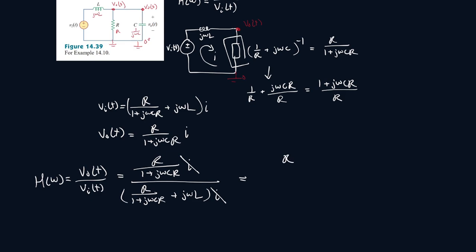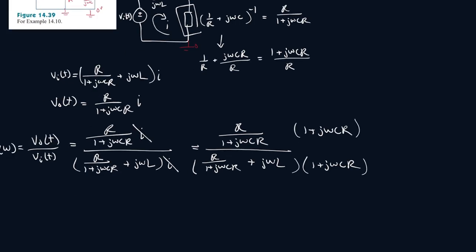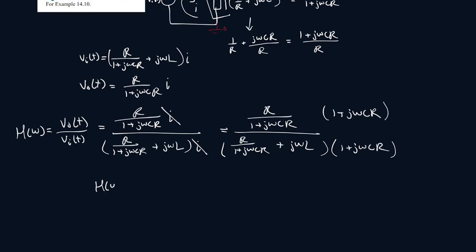So it'll be R over 1 plus jωCR, all over R over 1 plus jωCR plus jωL. Now let's multiply all of this by 1 plus jωCR, and the same with this, and we get a cleaner looking transfer function.